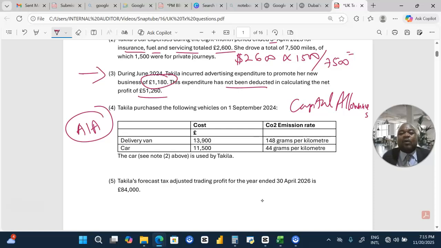For delivery vans, these are considered equipment for the business and they do qualify. And in this case, the emission information is irrelevant.